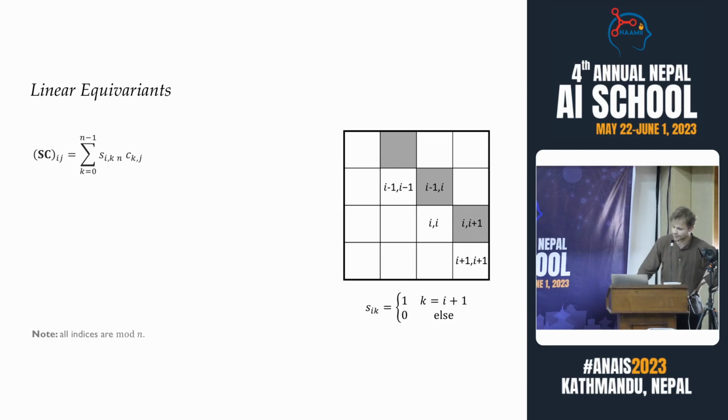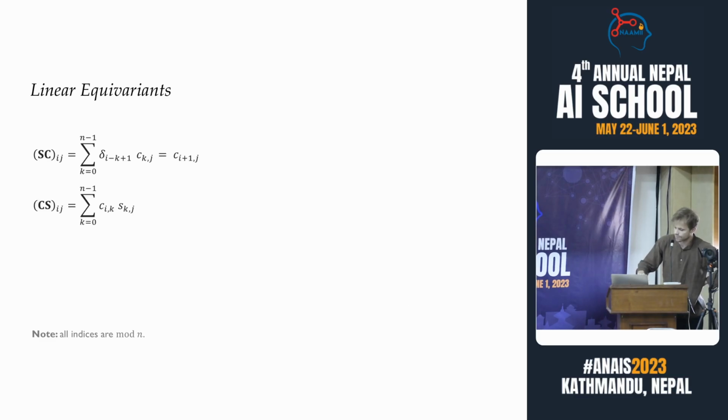So let's go a bit through the math. So now we're working on the math of this. So on the right we have our filter with the indexing set of the matrix. So on the right is the matrix C, and then at the bottom you have a description of the matrix S. And so what we want to check is that SC is equal to CS, right?